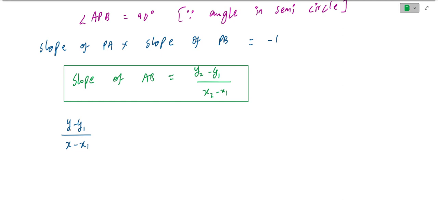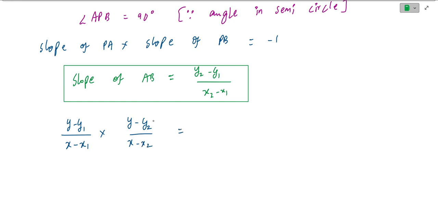So the slope of PA will be y minus y1 in the numerator, so I have to take x minus x1 in the denominator also, not x1 minus x. Okay. So I have taken in order, that is the slope of PA, and the slope of PB is y minus y2 divided by x minus x2.